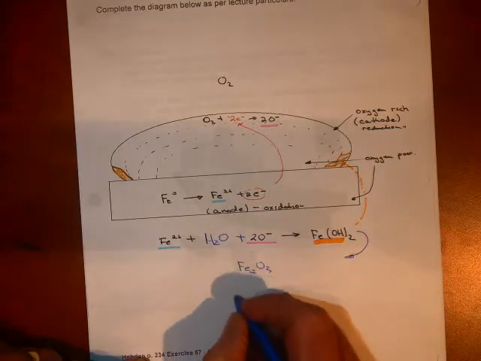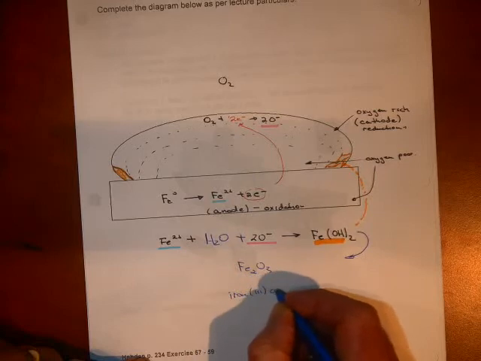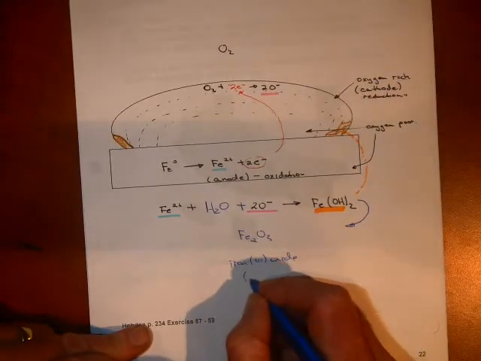So this is iron 3 oxide, and that is what we know as rust.